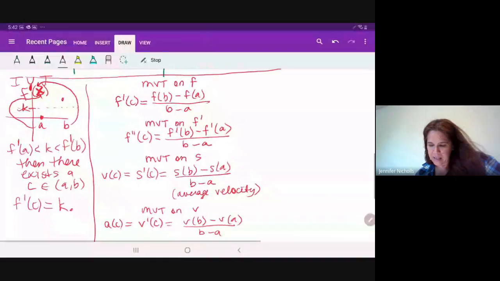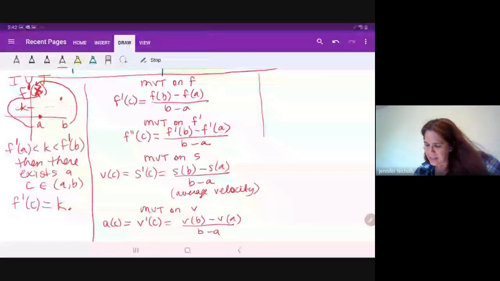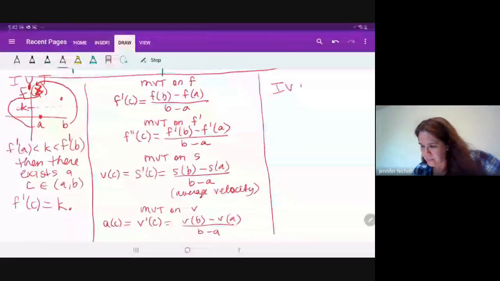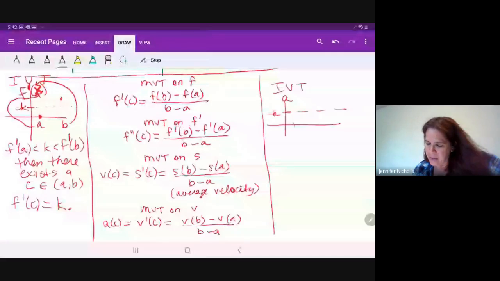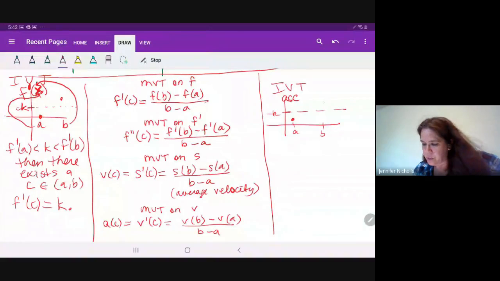If you look at this, if you're using, say, intermediate value theorem, basically your picture is that K is here. And if you want to do intermediate value theorem on A, being acceleration, we'll put A for acceleration. You have A and B, you need one value to be below and one value to be above.